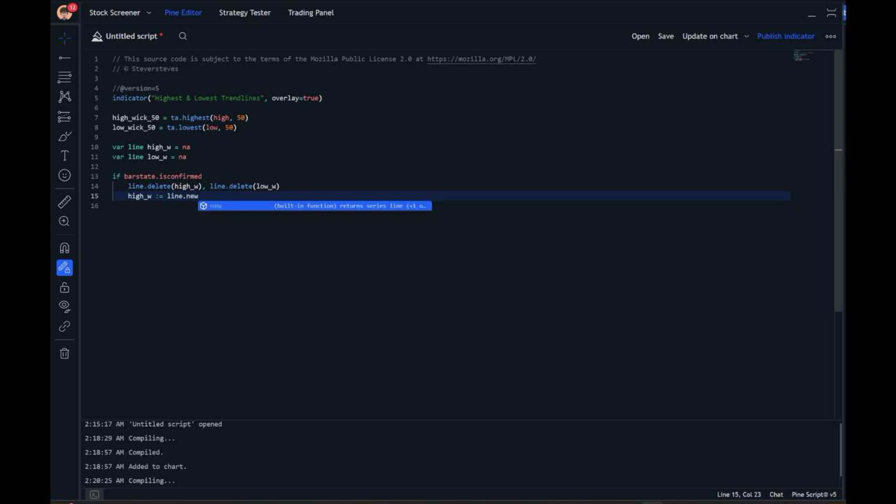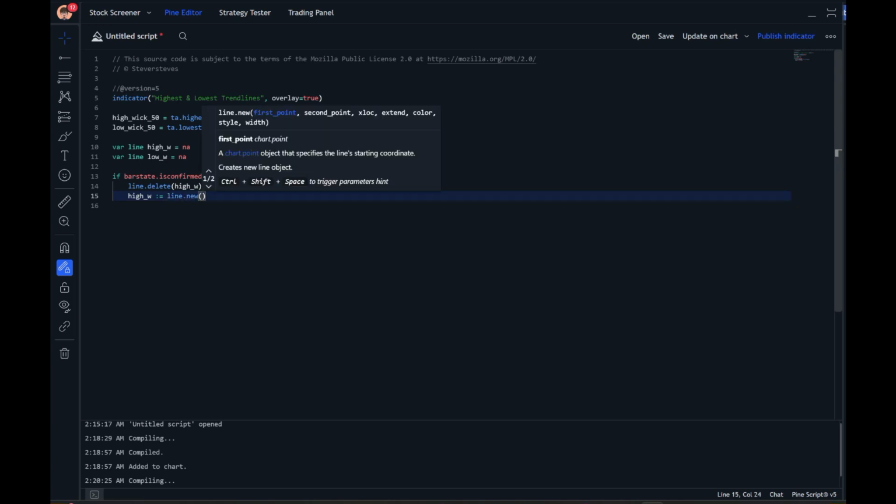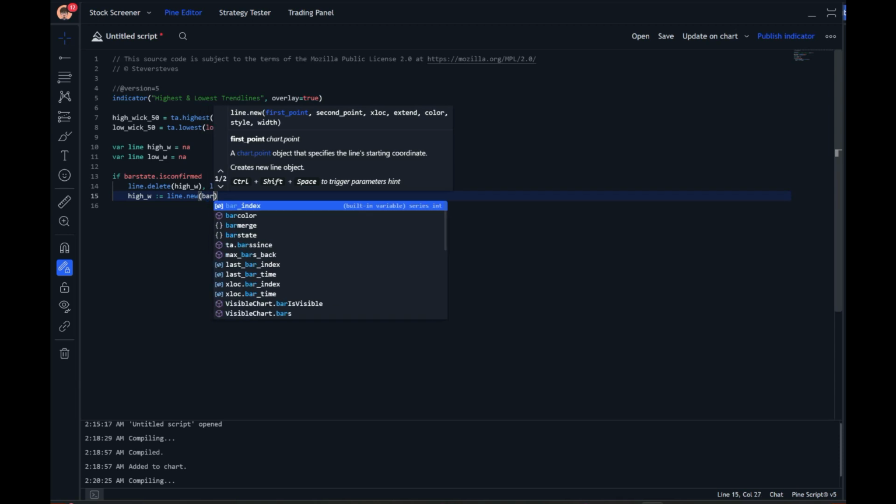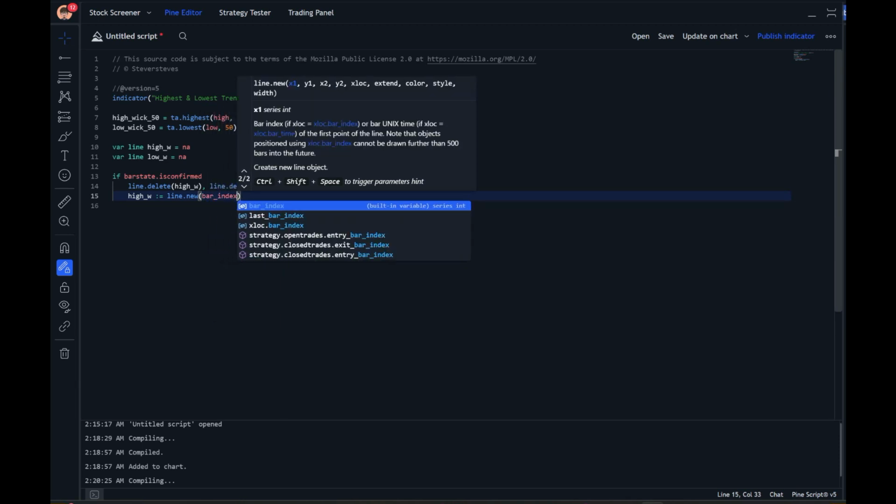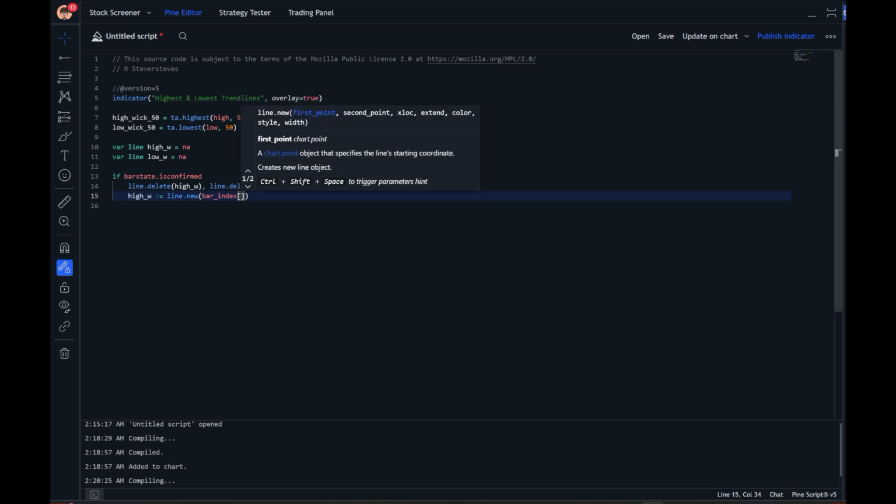we're going to use the command line.new. Our first point is going to be bar underscore index, all right? And we're going to use these, I don't know the English word, but these little bracket things to put in 50, which means it's just going to pull us back to our 50 look back period.